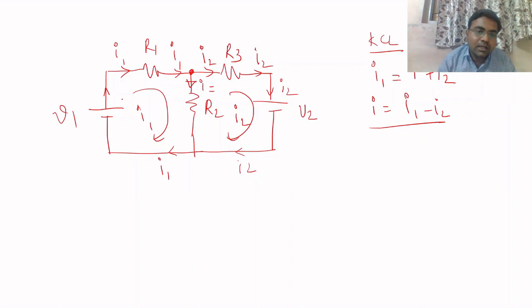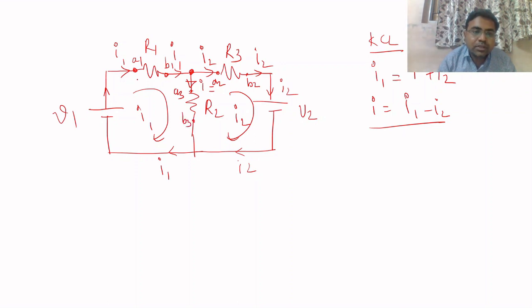Okay. Now if I want to apply KVL here, firstly, based on the direction of current, I have to assign the signs. Let's say I give the terminal names A1 B1, this is A2 B2, and this is A3 B3.